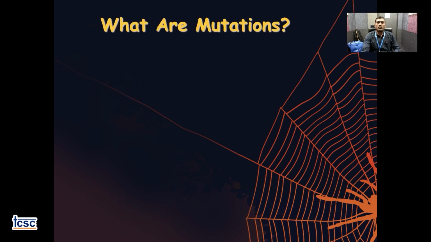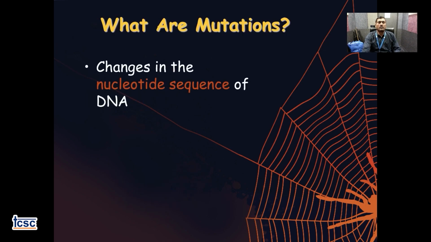So first of all, what are mutations? Mutation is a change in the nucleotide sequence of DNA. First of all, what is meant by nucleotide? Nucleotides are a nitrogenous base plus sugar plus phosphate group present in the DNA.